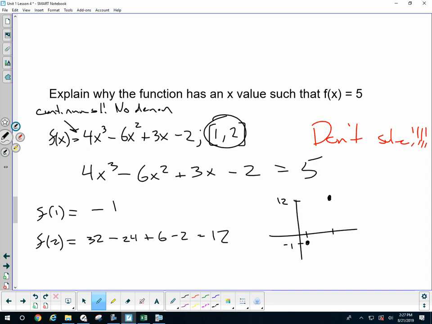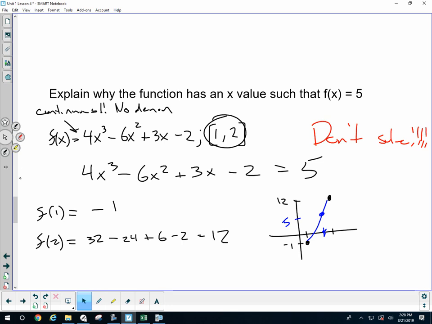I am guaranteed to hit 5 at least one location somewhere between this point and that point. This shows me that this location exists. What the value is, I don't know, but I do know it's between 1 and 2.